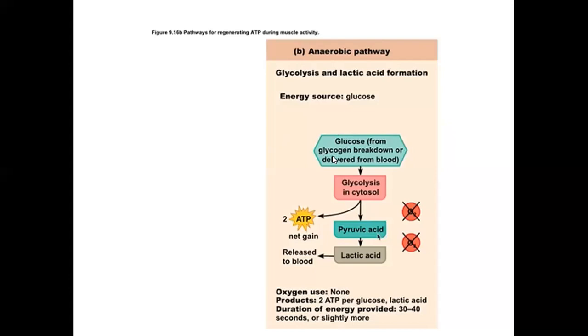The glycogen stores have to be broken down to glucose. From glucose, they go through the glycolytic pathway to release the 2 ATPs. But because you don't have oxygen, you end up with pyruvic acid and then lactic acid. This will be released to the heart, kidney, and liver.